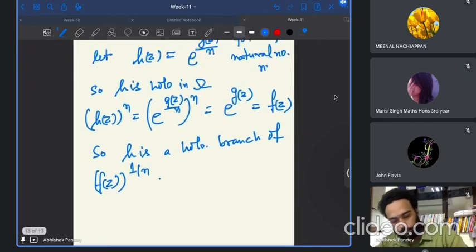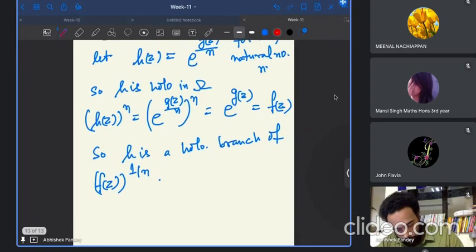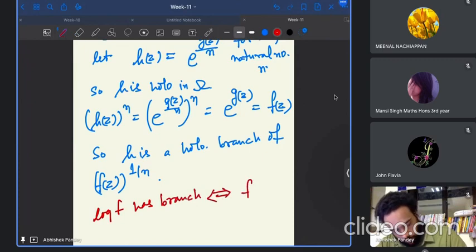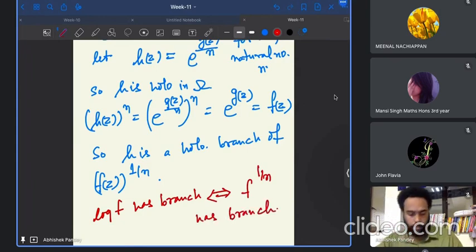So basically what we have proved is that log f has a branch if and only if f to the power 1 by n has a branch. So this is what we have proved.